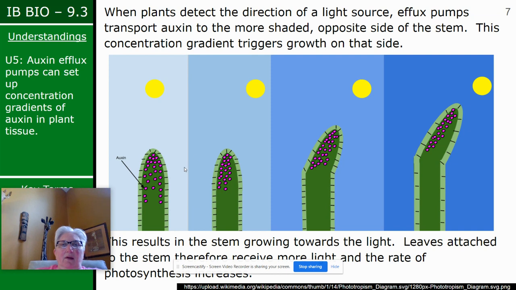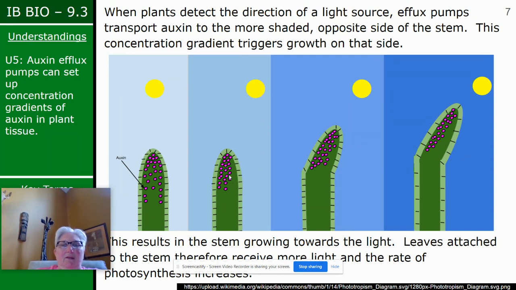So if we look here, here's our sunlight, here's our shoot, here's the auxins, and we see that our sun is moving a little bit here.